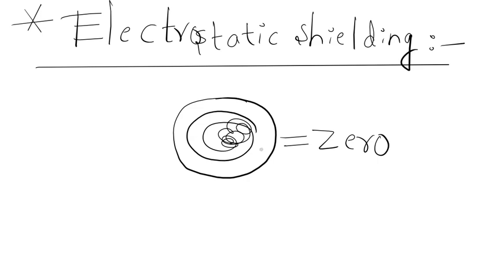The electric field inside the cavity is zero, whatever the charges on the conductor may be. Let us consider a cavity like this, having no charges inside the conductor.